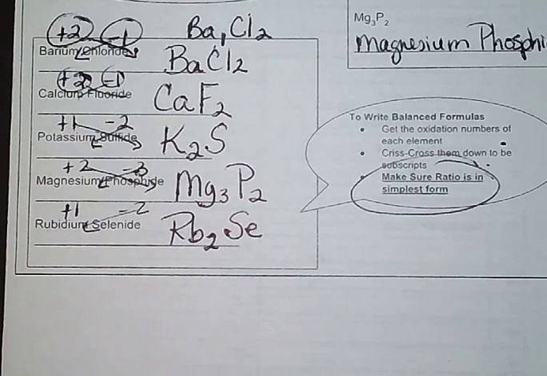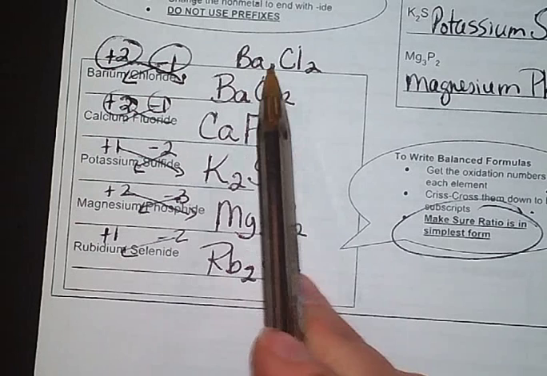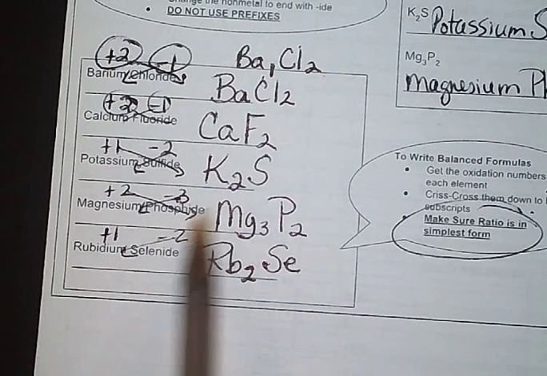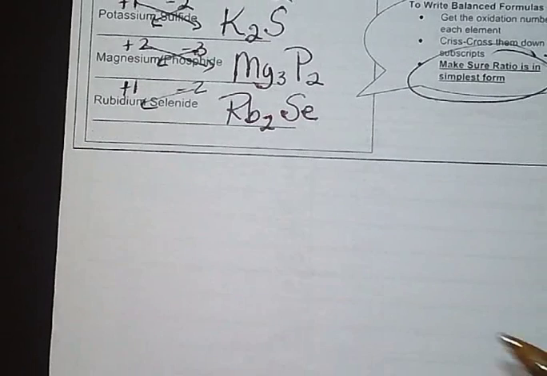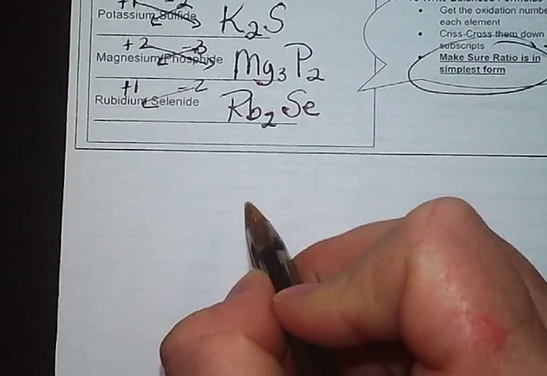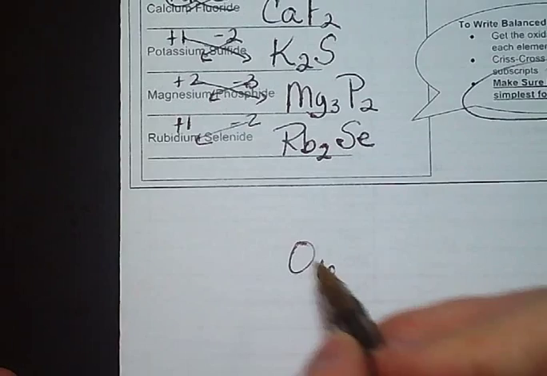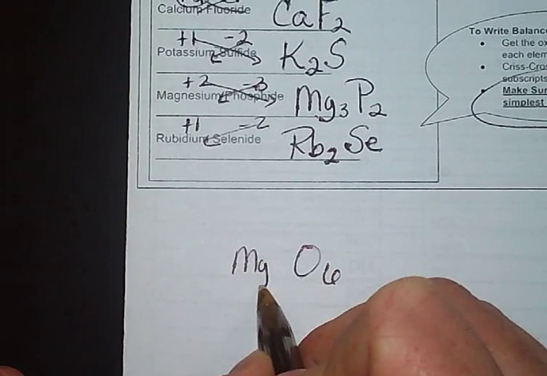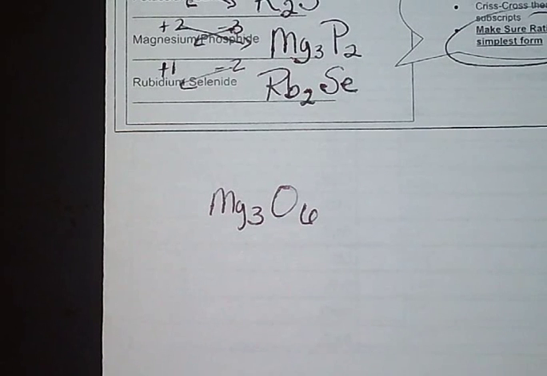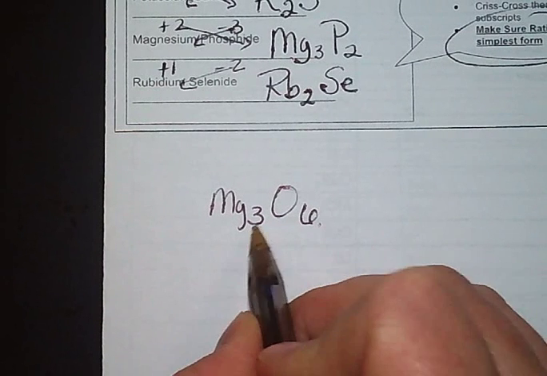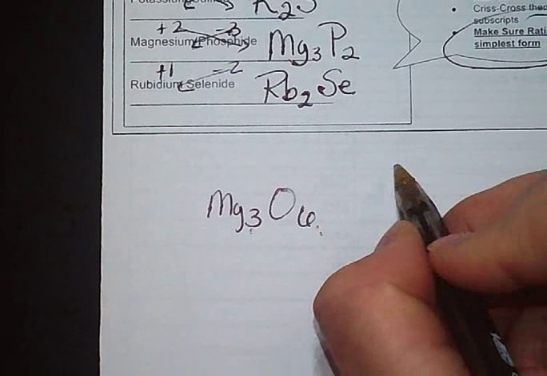So all of these are in simplest form because a 1-to-2 ratio is simplest form, a 2-to-1, a 3-to-2. A 2-to-2 is not. Let's say, for example, you have something like Mg3O6. That is not in simplest form because I can divide both of those by 3, just like a fraction, just like if it were 3/6.